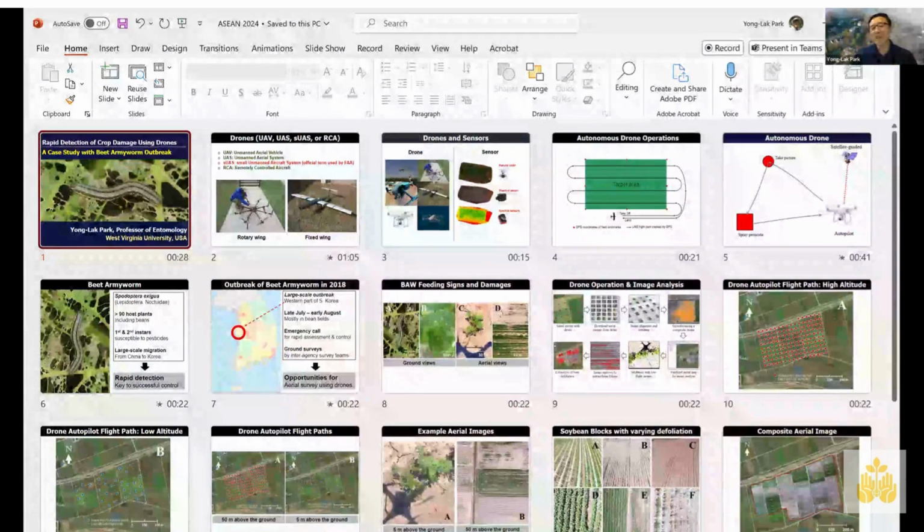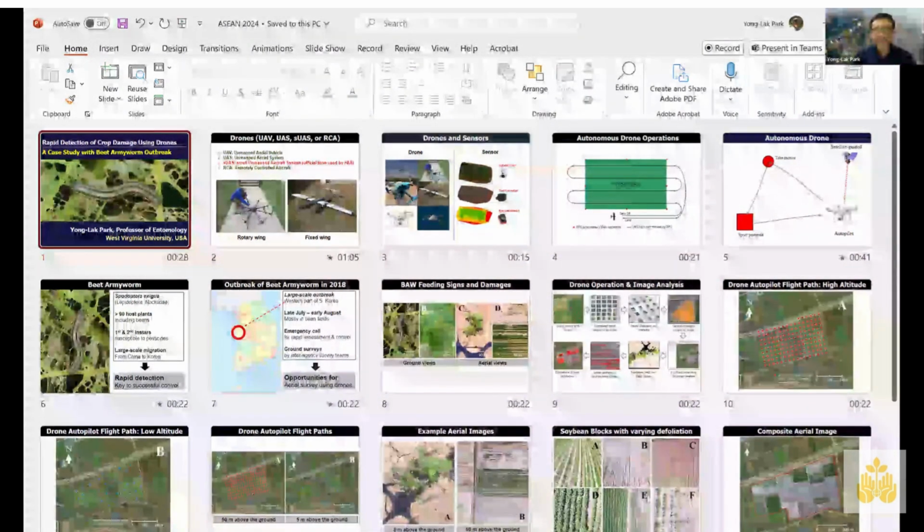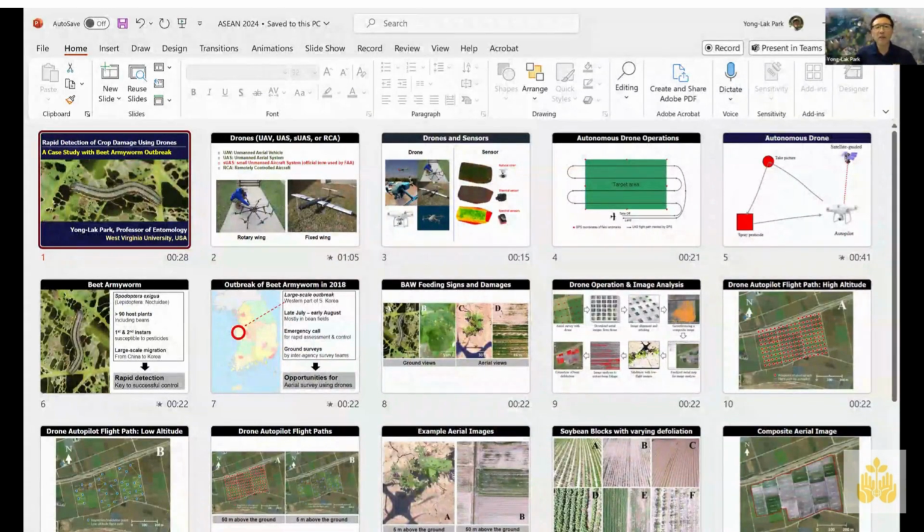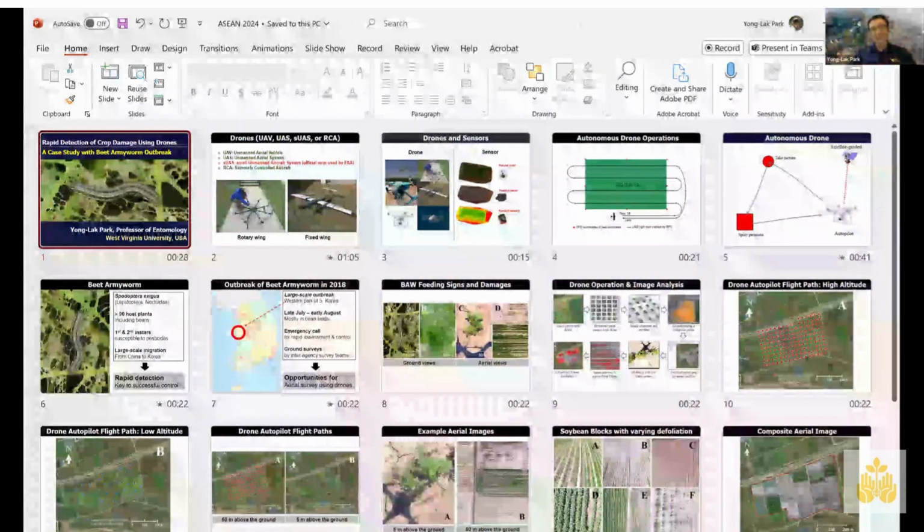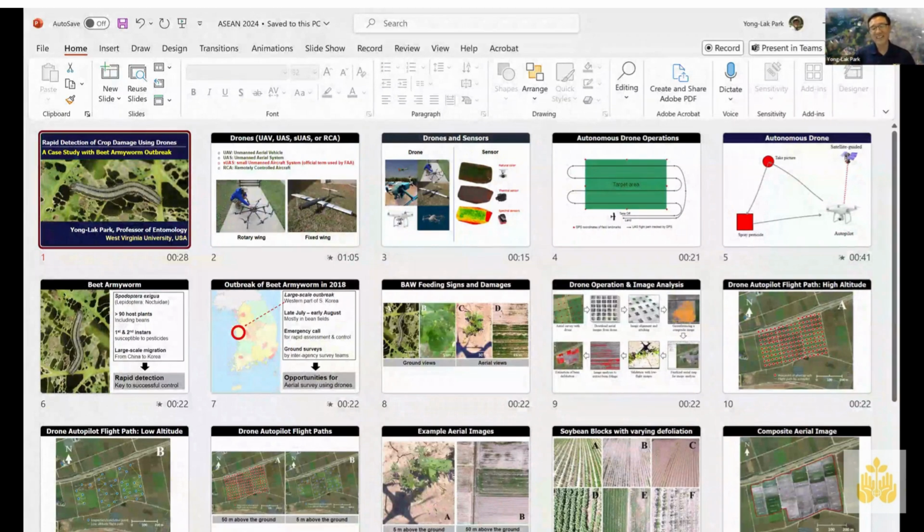Directly detecting the insect may be a little bit difficult because they are not generally exposed. But there are insects that are exposed, like webworms and tent caterpillars. You can actually see those.